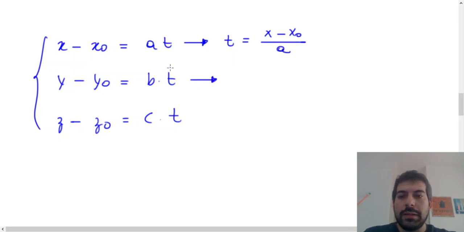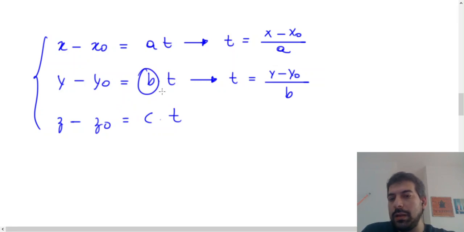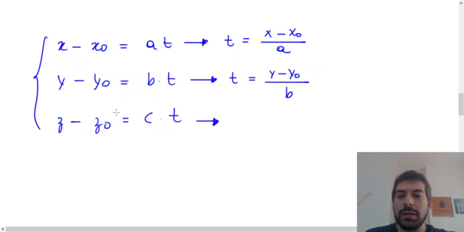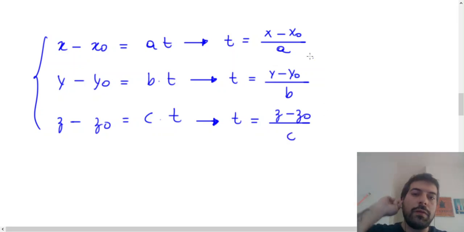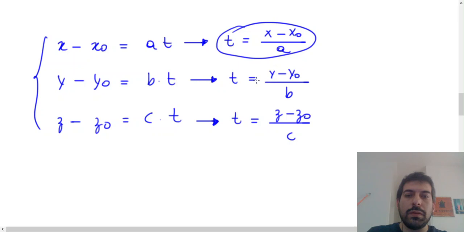If you have that y minus y0 is equal to bt, it means that t will be equal to y minus y0 divided by b. I'm just moving this b to the other side, dividing, because the b is multiplying the t. And I will use the same strategy in the third equation, so I can write t as z minus z0 divided by c.